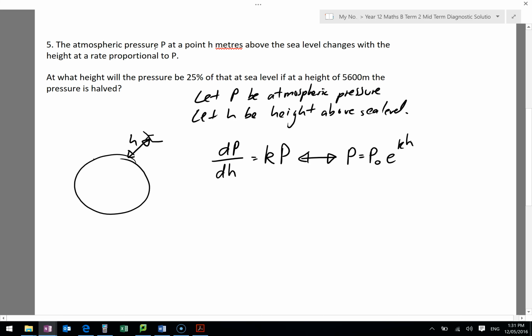Normally e to the power kt, but I've got h on the bottom.